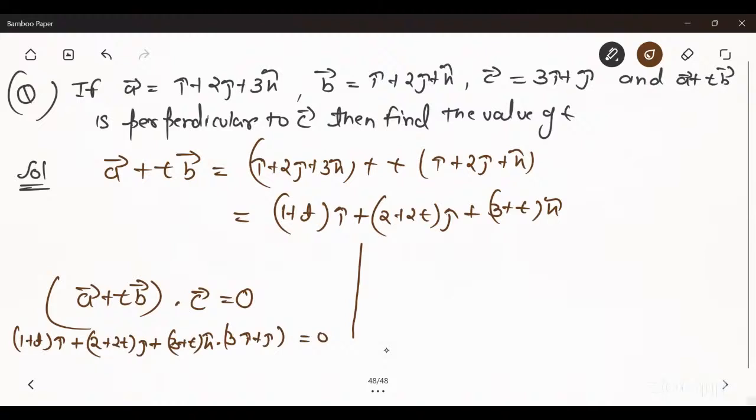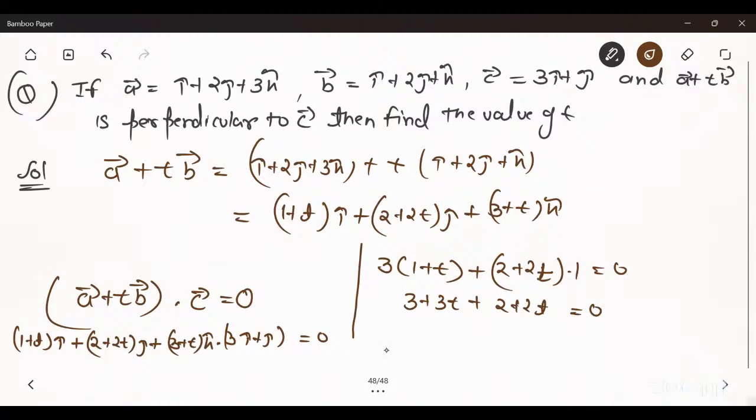So 3 into 1 plus t plus 1 into 2 plus 2t is equal to 0. So 3 plus 3t plus 2 plus 2t is equal to 0. So 3t plus 2t is 5t plus 5 equal to 0. So t is equal to minus 5 by 5, which is equal to minus 1. So the value of t will be minus 1.